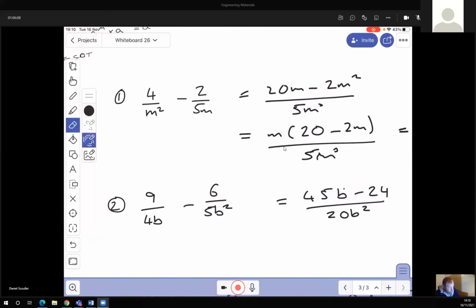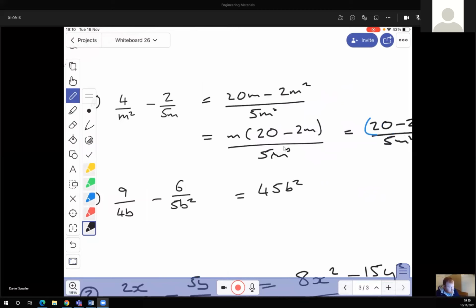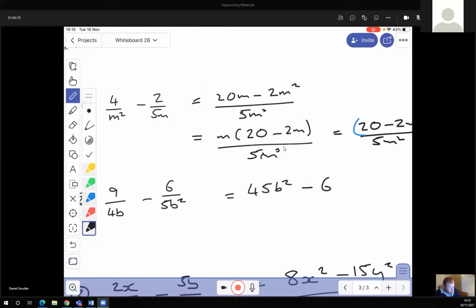Let's go through the next step. So the multiplication would be 45b squared. You're absolutely right. But then you'd be minus 6 times 4, so that would be 24b. Then you would be 20b cubed.